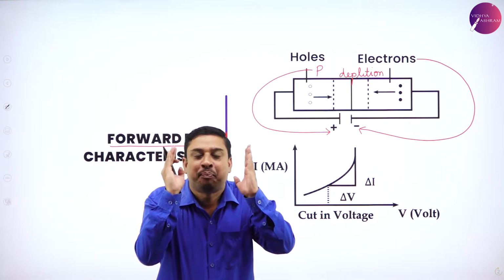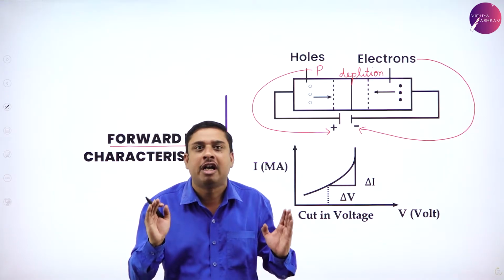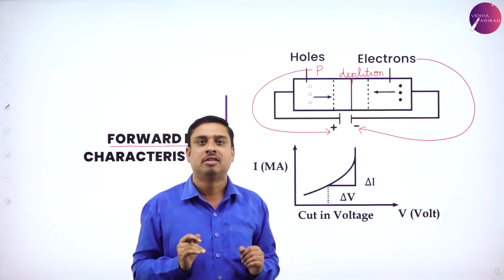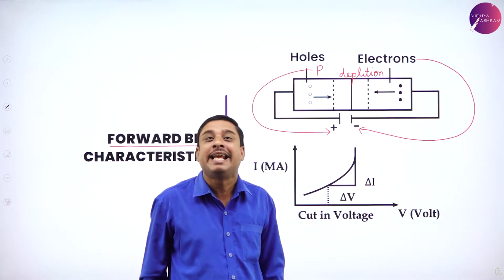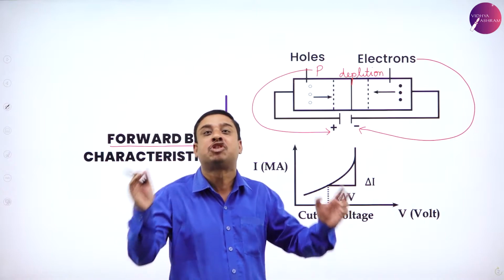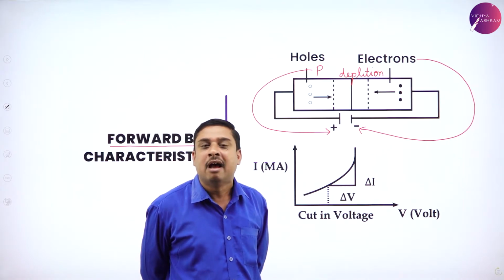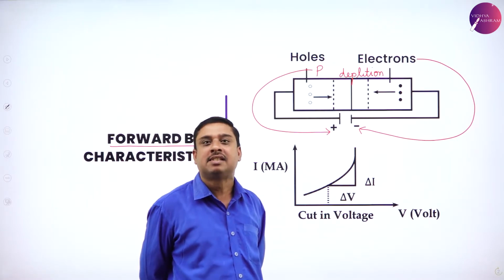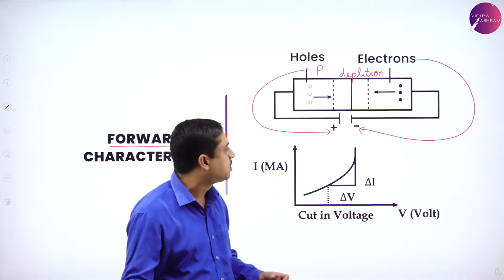If the depletion region, the so-called barrier potential, is strong, holes and electrons cannot recombine. Conduction is not possible. So we understand how a semiconductor works when it is forward biased.